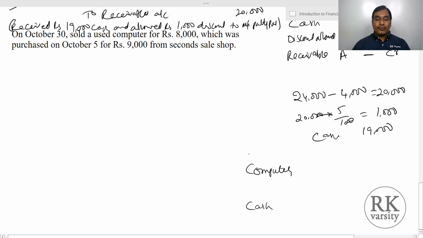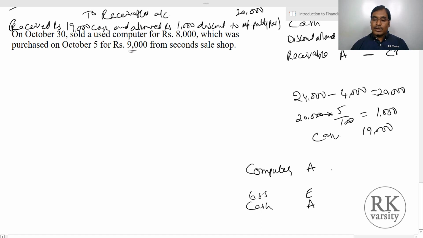Now if you observe here, you purchased this for 9,000 but now you are selling at 8,000, that means there is a loss. So computer is an asset, cash is an asset, loss is a revenue loss, or we can say that gain or a loss. So this comes to your equity holders. So this is equity.